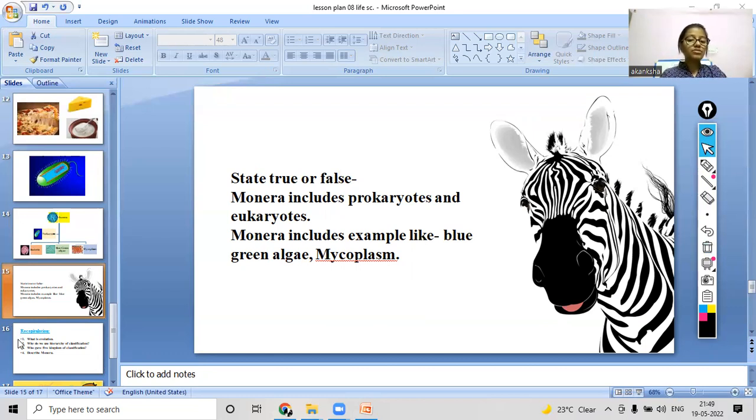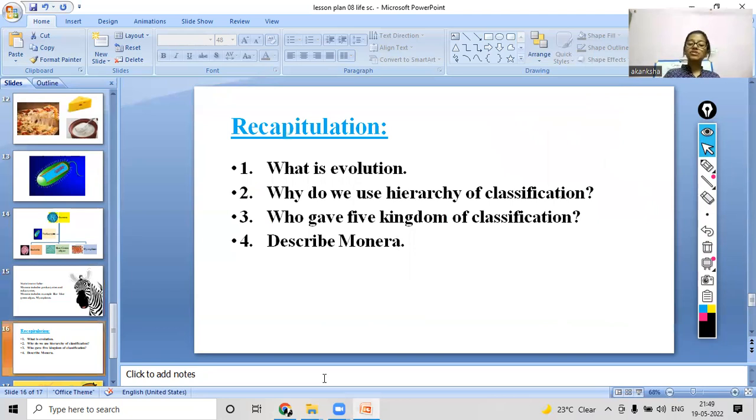Now moving on to the recapitulation part. What is evolution according to you? You can write it in the chat box. Yes, I can see the right responses. Evolution is the changes in an organism according to its surroundings that take place over millions of years. Very good.